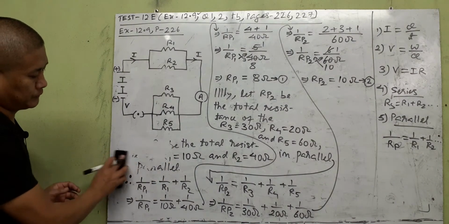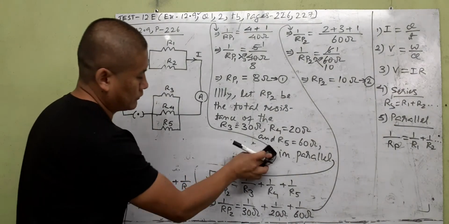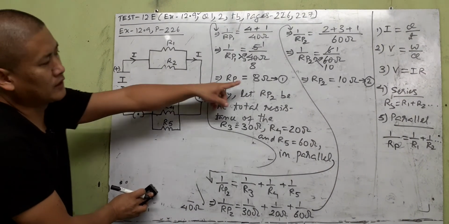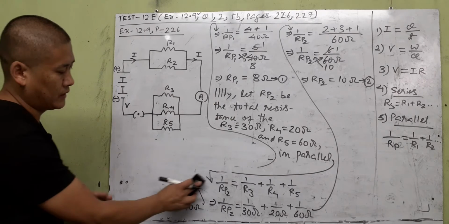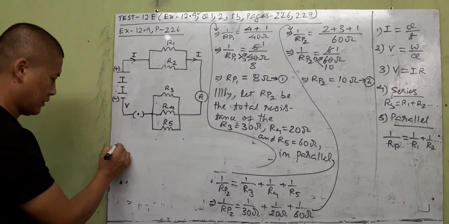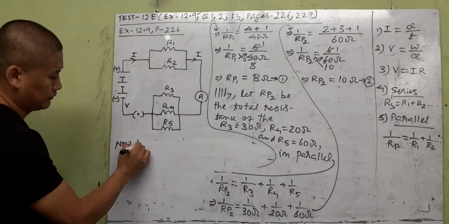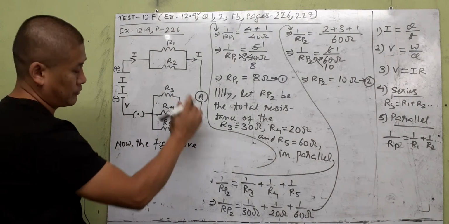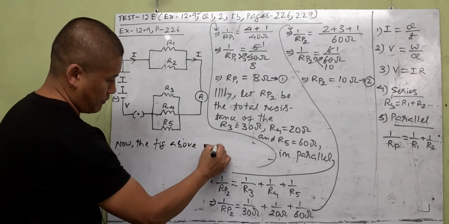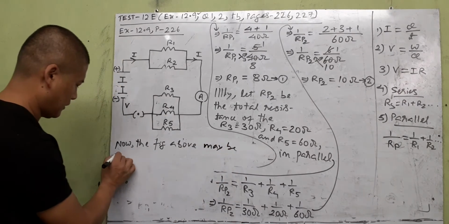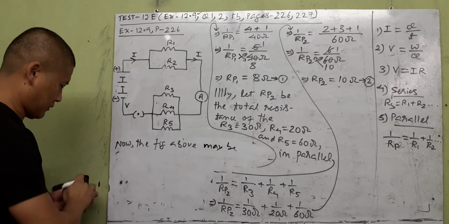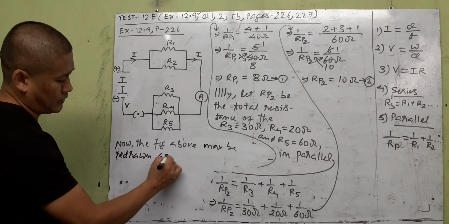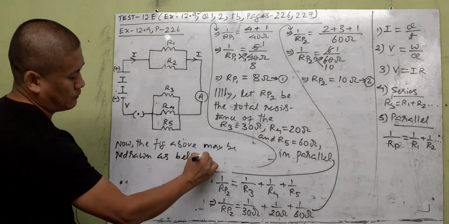So let us do here. Now, since you got these two together as a single total here, we can redraw the figure. So the figure above, the first one, may be redrawn as below.